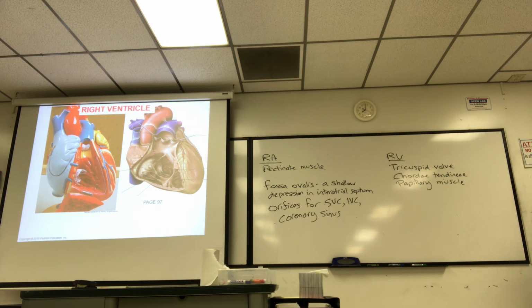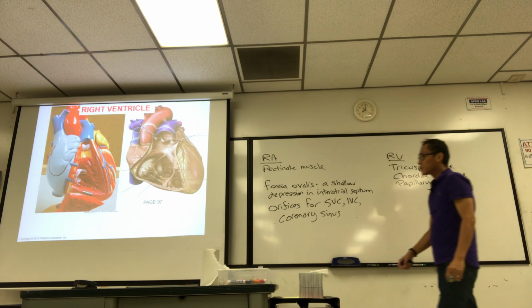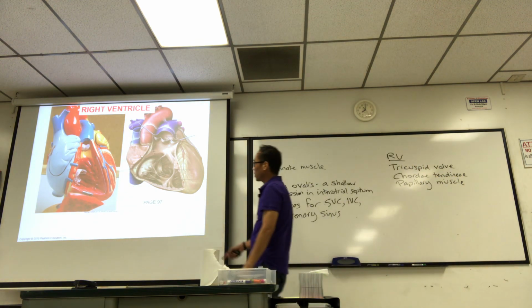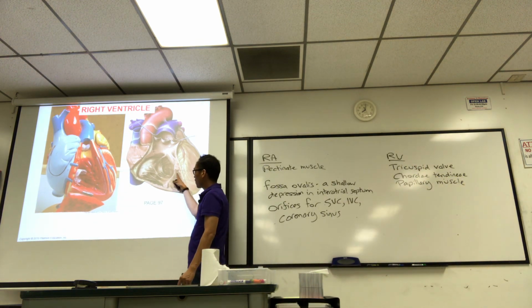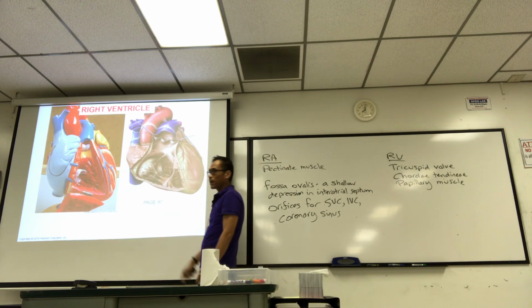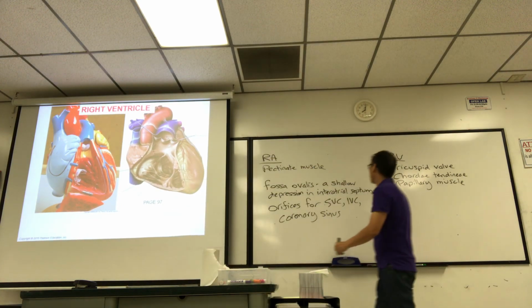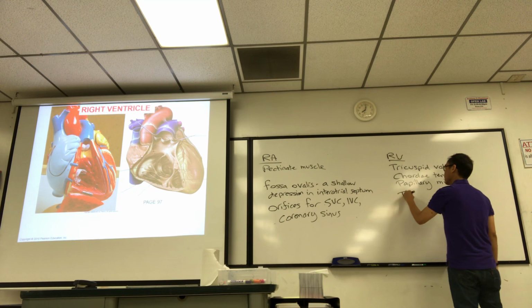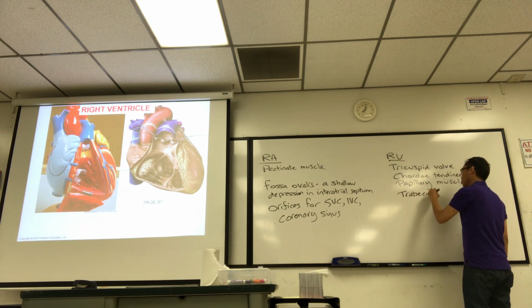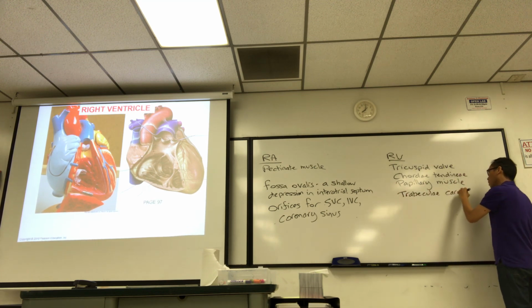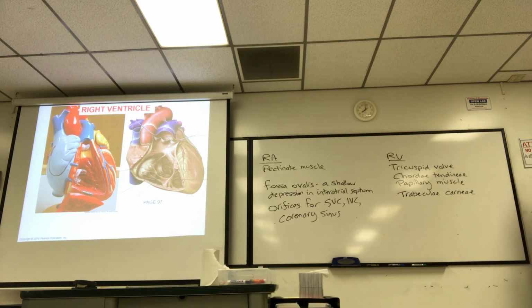Also, the muscle on the inside of the ventricles is not smooth. It looks very rough in appearance, and they call it trabeculae carneae, which means crossbars of flesh. It just describes the internal appearance of the muscle inside this ventricle.